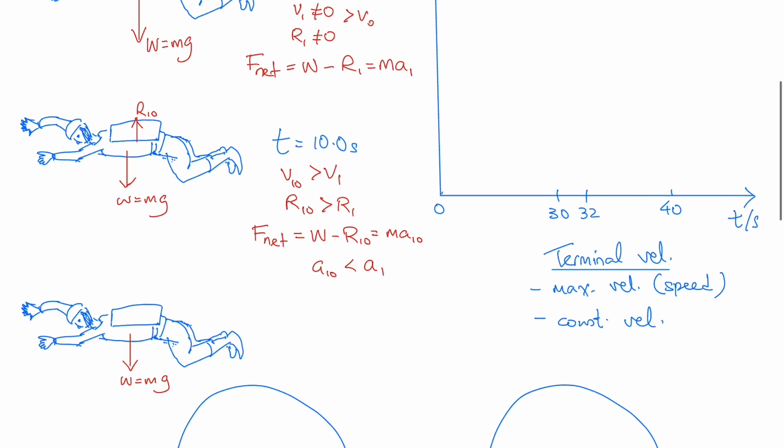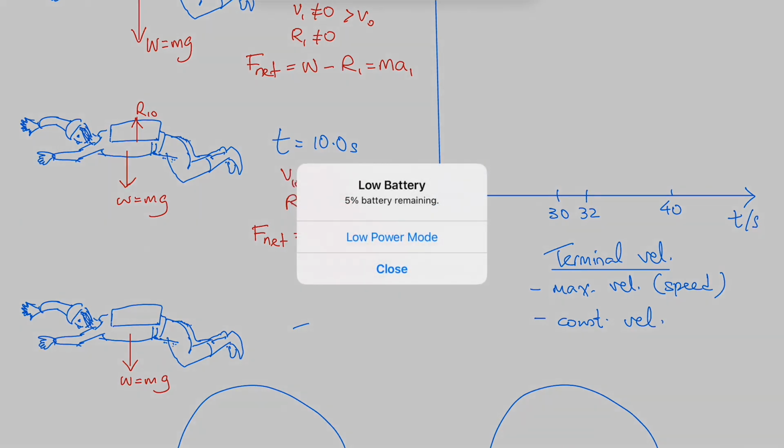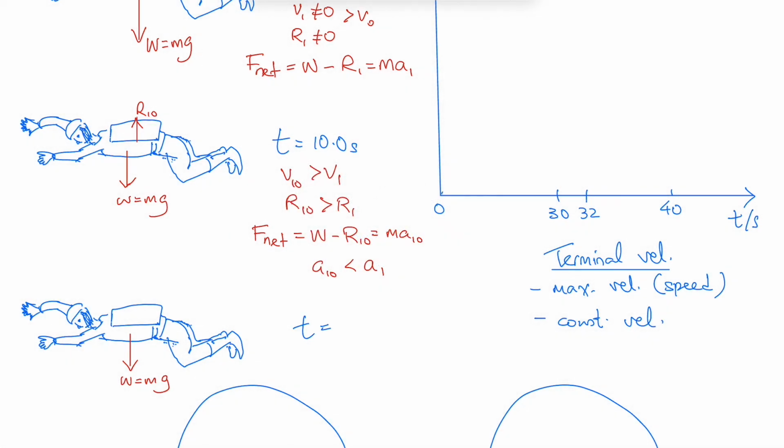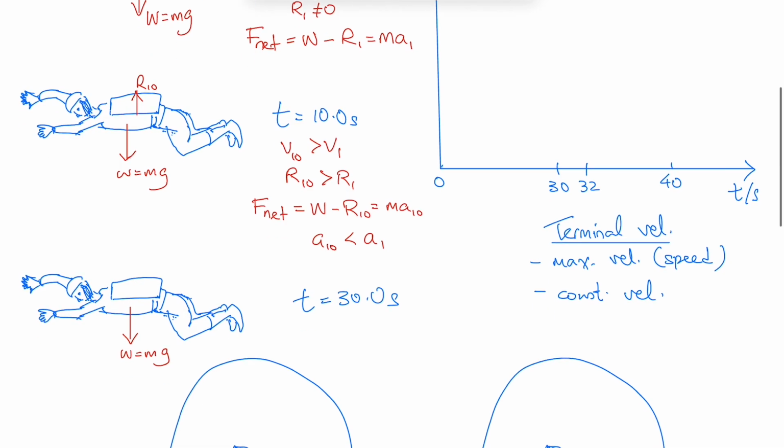So here, all else being equal, at time t equals 30 seconds, we would assume that the skydiver has achieved terminal velocity. So what happens? The speed at 30 seconds is larger than at 10 seconds, and it's actually what we call terminal velocity 1. I'm going to put a 1 there.